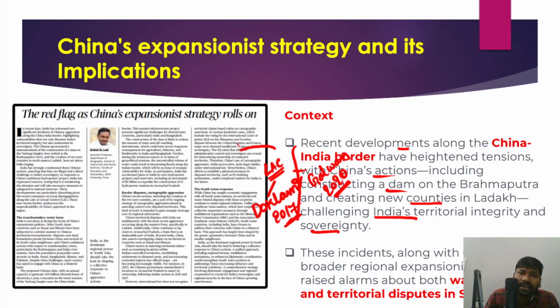Another attempt on the part of China which has resulted in challenging India's sovereignty and territorial integrity is the China-Pakistan Economic Corridor, because it also passes through Pakistan-occupied Kashmir, and that is also a violation of the sovereignty and territorial integrity of India.